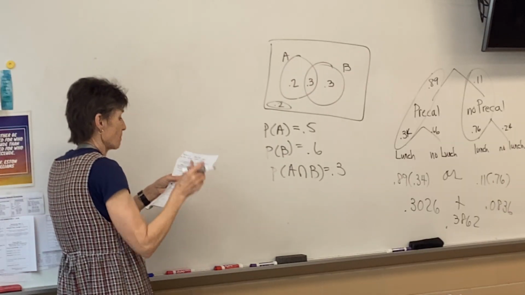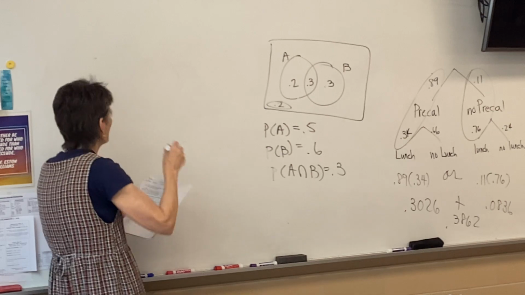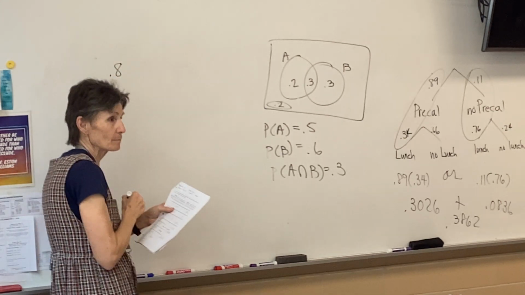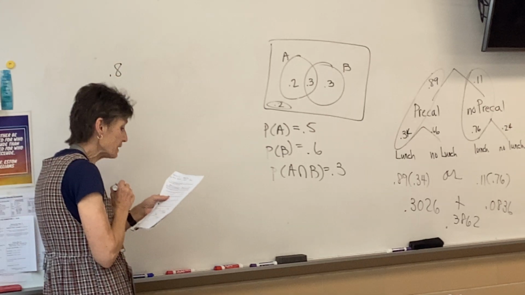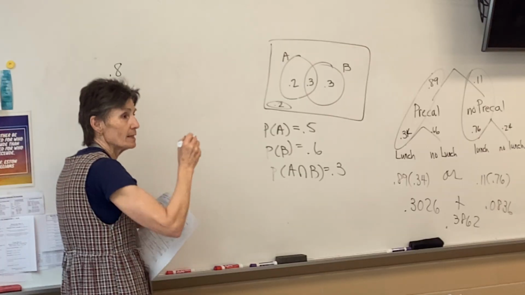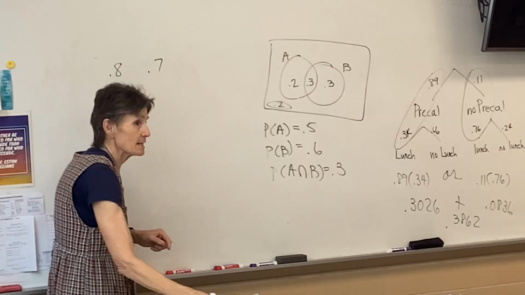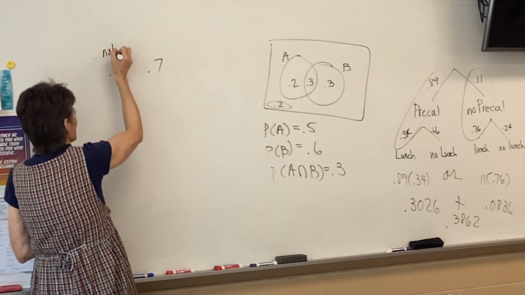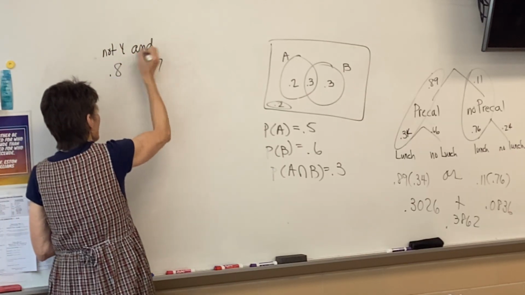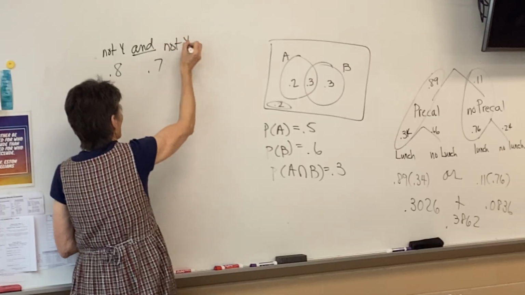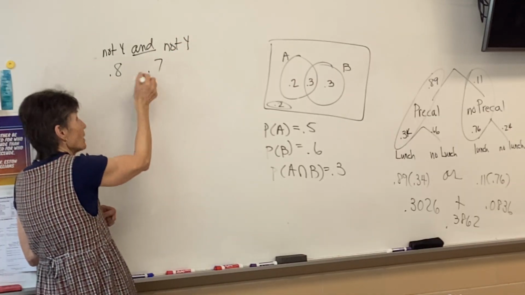So the first bag, not yellow, is 0.8. The second bag, not yellow, is 0.7. And since it's not yellow and not yellow, what am I going to do with these two numbers?